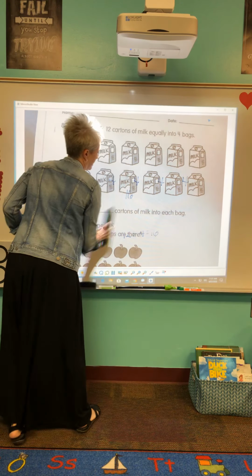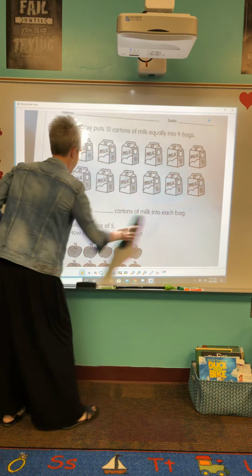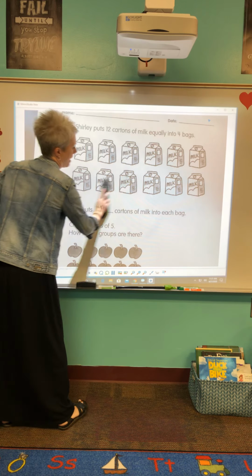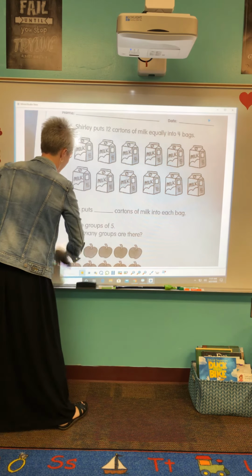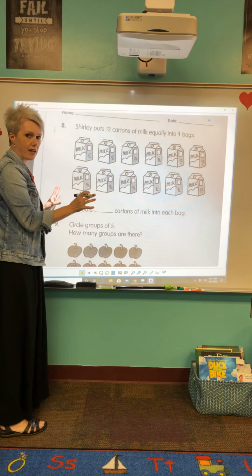Number 8 says Shirley puts 12 cartons of milk into 4 bags equally. Okay, so I'm going to go ahead and label my bags.